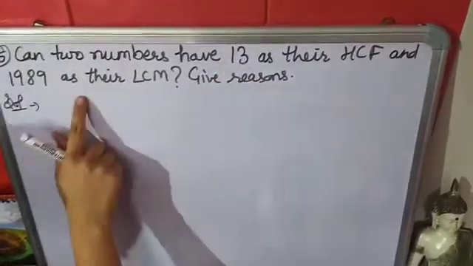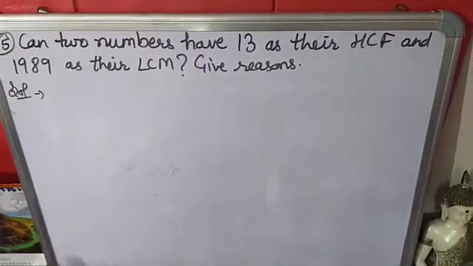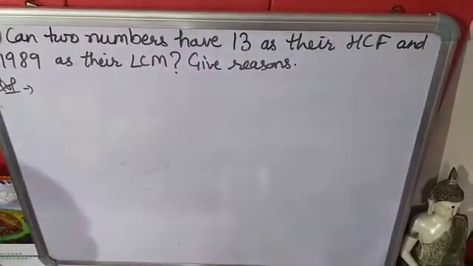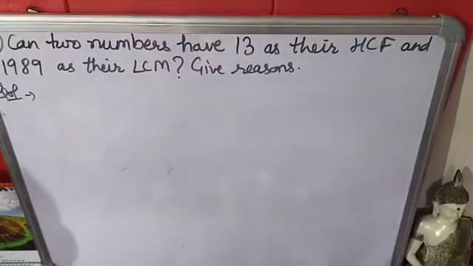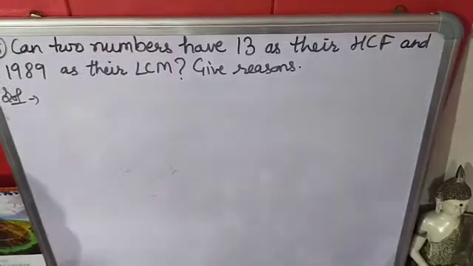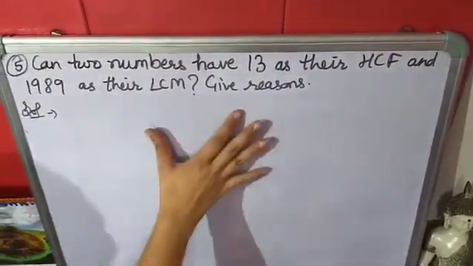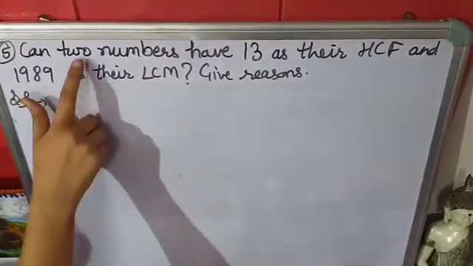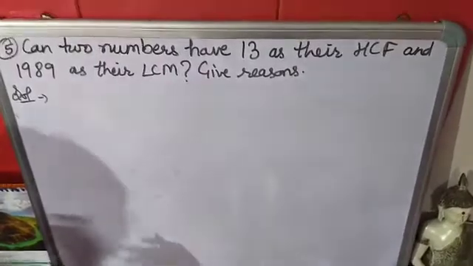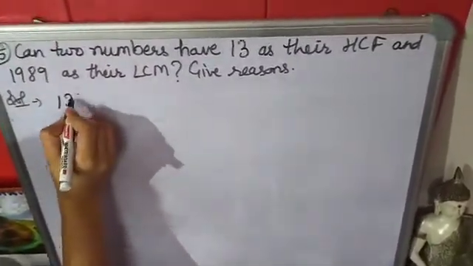If HCF is a factor of LCM, then it means they are HCF and LCM of both numbers. ठीक है, remember this thing कि HCF will always be a factor of the LCM of any given two numbers. So if this is a factor of this, then yes, they are both HCF and LCM of the given two numbers. We will check. How will we check if it is a factor of 1989 or not? By dividing it.